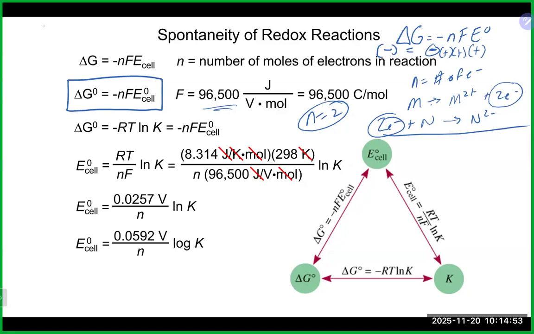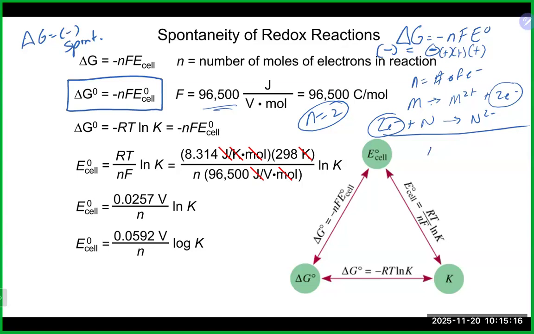And when my delta G is negative, that means we have a spontaneous process occurring, as we talked about in the previous chapter. So that is why positive voltage is good. It should thermodynamically favor a spontaneous process to occur. And that means that you will be producing some electrons that could be used to do some type of work.